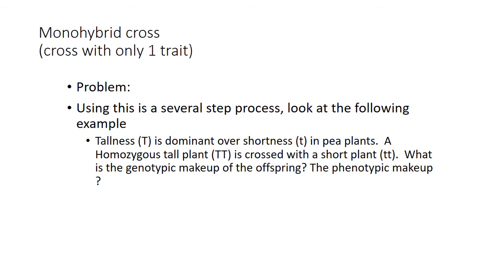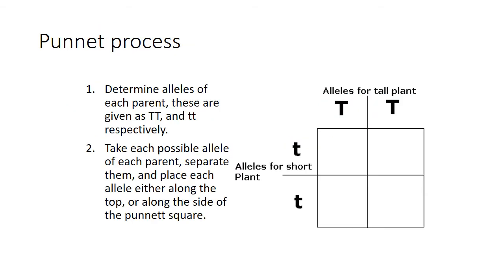Using a several step process, we can look at many different genetics. The process is we determine the alleles of each parent. It's given as big T for a tall plant, little t for a short plant, and we're going to separate them amongst the Punnett square: one above each row, one above each column.